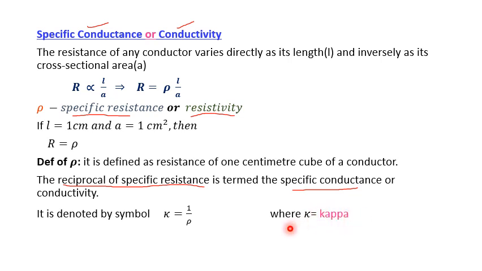Kappa means conductivity or specific conductance. Words are very important. Sometimes we use conductivity, sometimes we use specific conductance. Both are the same. Conductance is different. So conductivity kappa equals the reciprocal, 1 by specific resistance or resistivity.